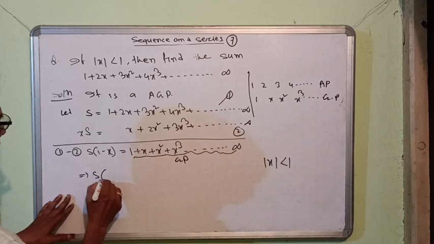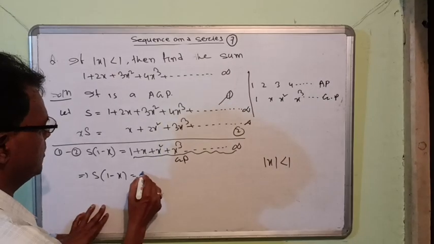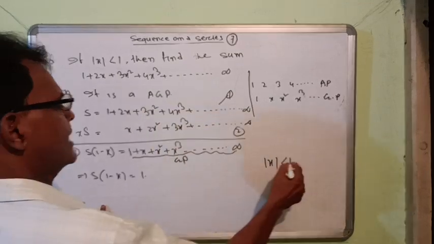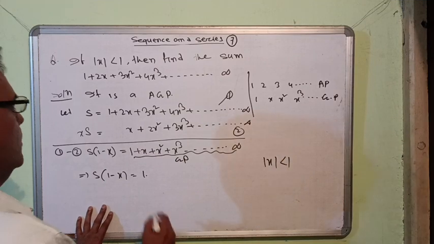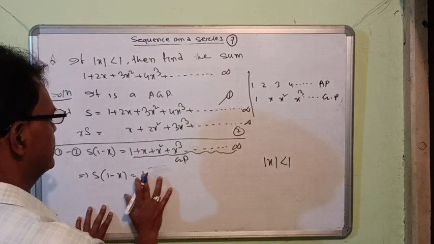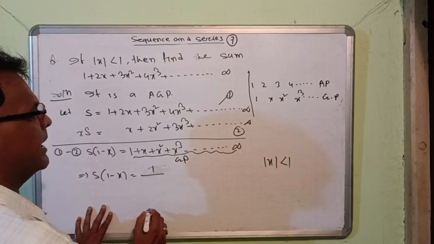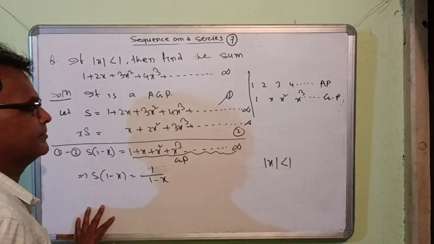So we can write S into (1 minus x) is equal to, here a equal to 1 and modulus r is less than 1, therefore 1 by (1 minus x).